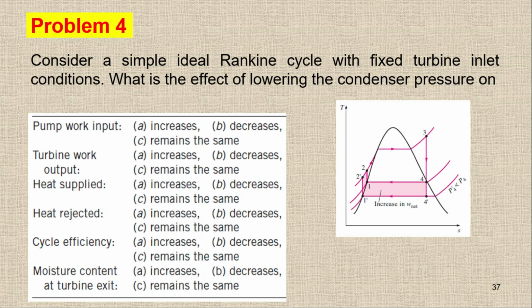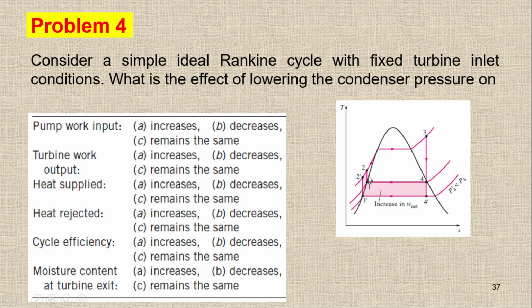So when we are talking about the pump work input, you can see here we had 1 to 2. Previously it was 1 to 2. One thing, we have the fixed turbine inlet, so point number 3 is the same for both cases. So we had 1 to 2, and now we have 1 dash to 2 dash.